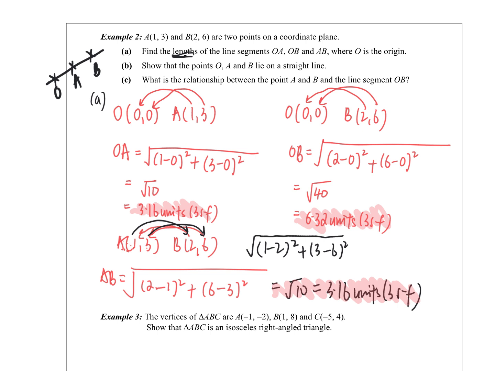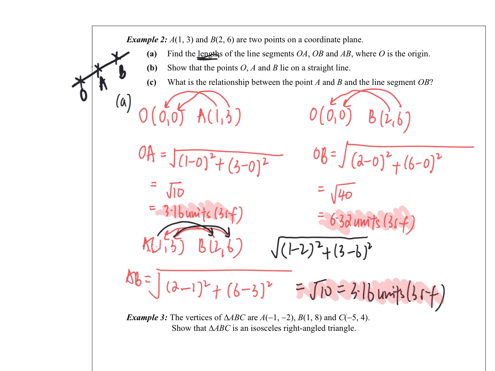Equation of straight line? Is there another way? You only learn 3 things: length formula, y equals mx plus c, and gradient. So can I show that the gradient of this line and the gradient of this line is the same? If they are the same, it means they are parallel.